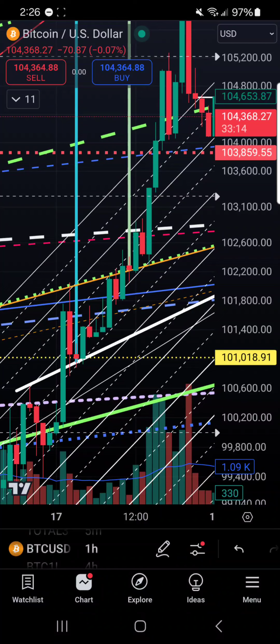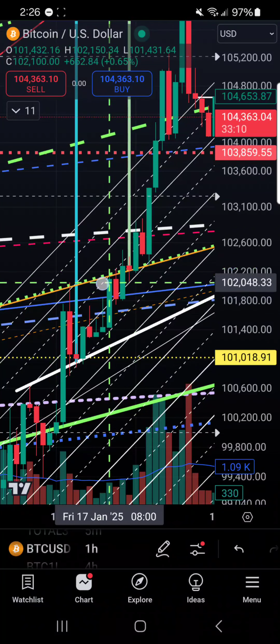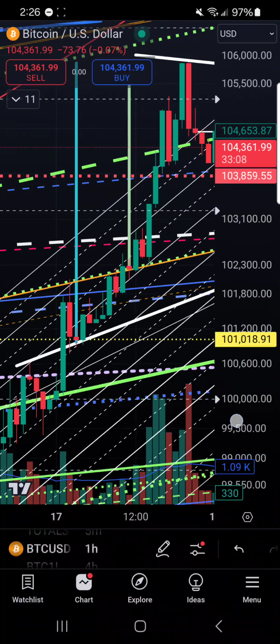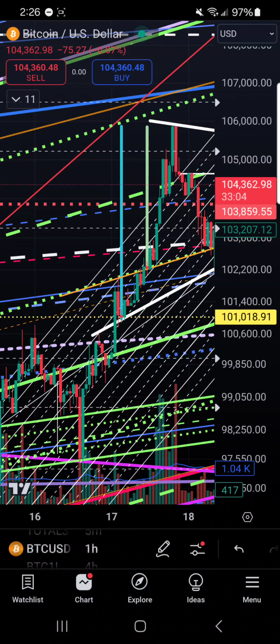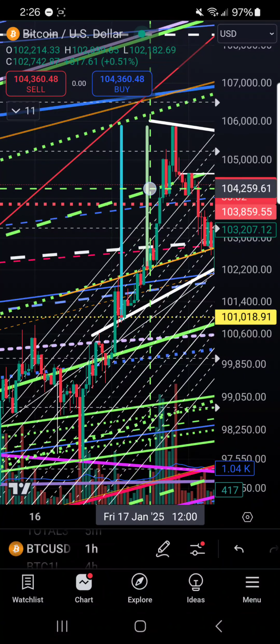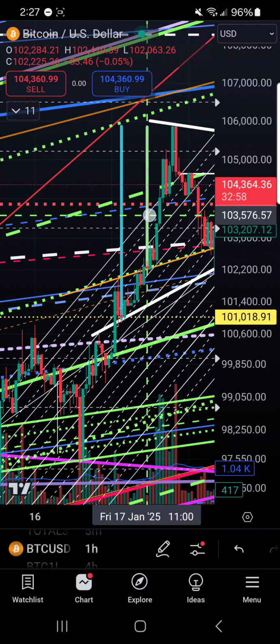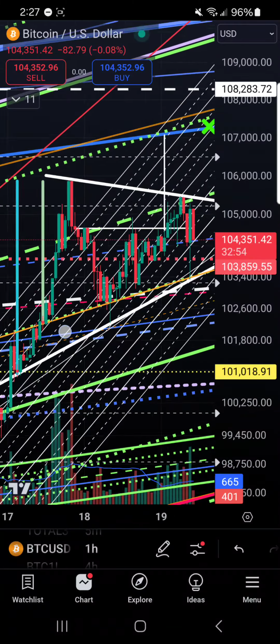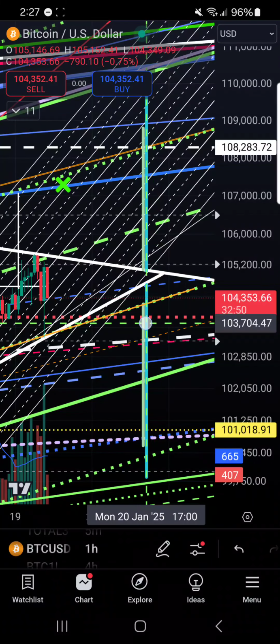But the cool thing is, if you want to use the thick white line here, or this one, as the base of the triangle, I've come up with two targets. This aqua colored target and measurement here, and the lighter green measurement there. When you place those, I placed them right about the inauguration at 1700 UTC.